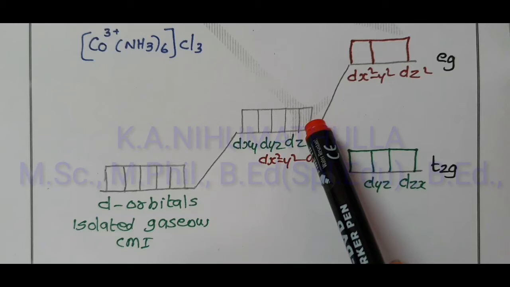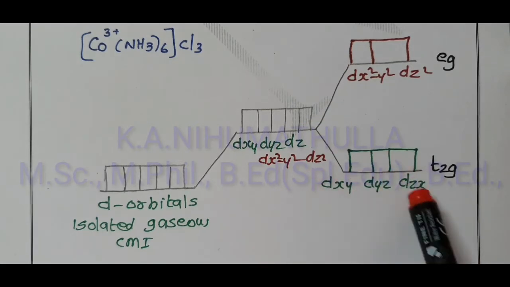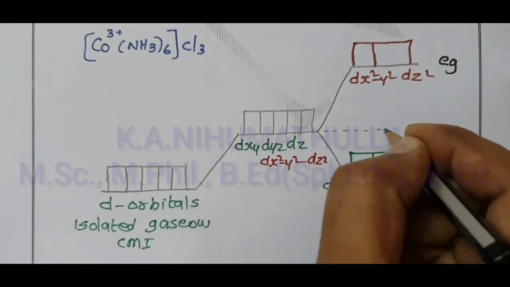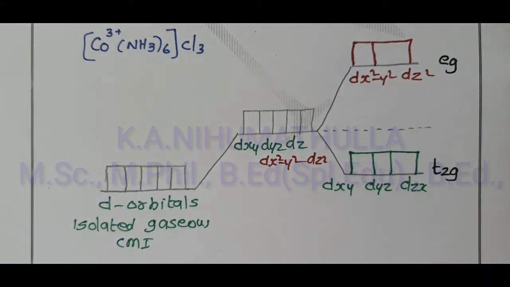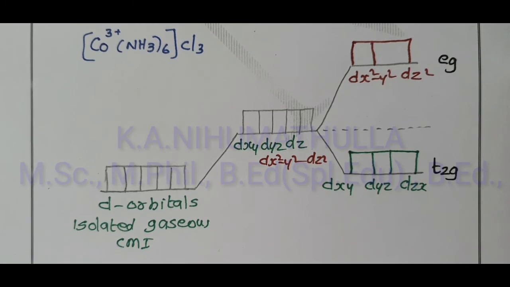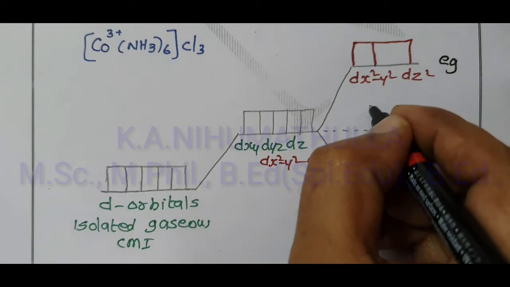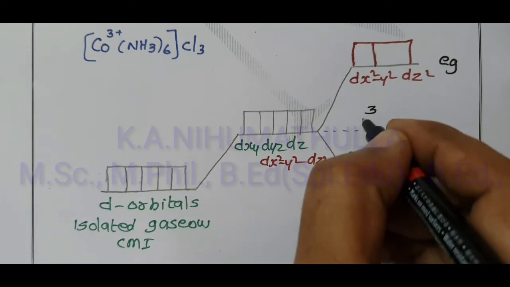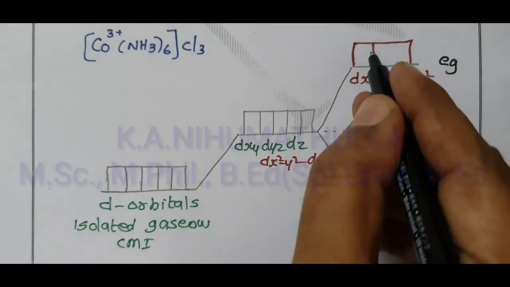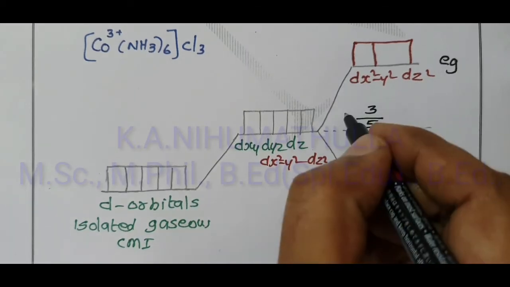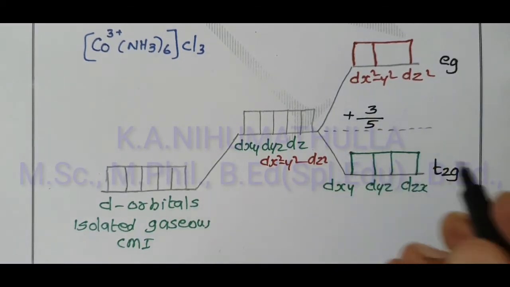Their energy increases compared with these 3 orbitals which are approaching between the axes. This is the energy difference between T2g and Eg. Because the energy increases more for the 2 orbitals, the increase in energy is indicated by plus.